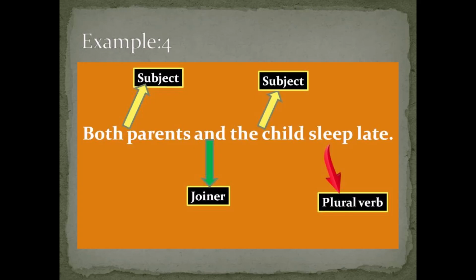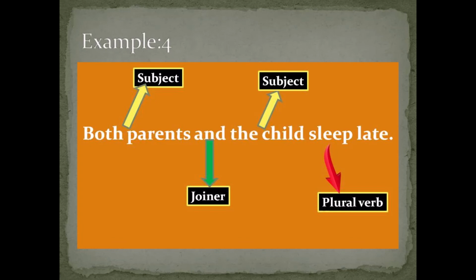The sentence reads, both parents and the child sleep late. If we look at this sentence, we might be very much tempted, but let us be mindful of the rule that applies.